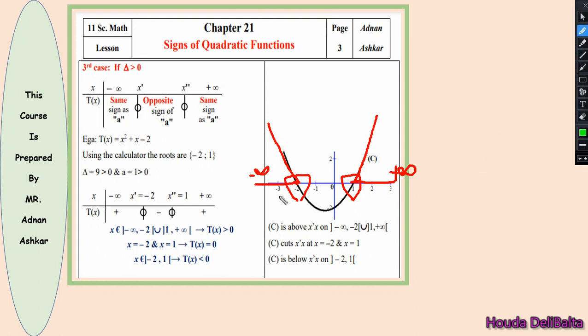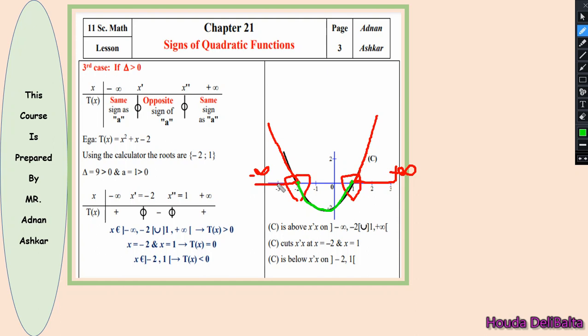The curve is below the x-axis in this region here, that is bounded, for x I mean, between minus 2 and 1. Now at minus 2 and at 1, the function equals 0, or the ordinates of the points are zeros.